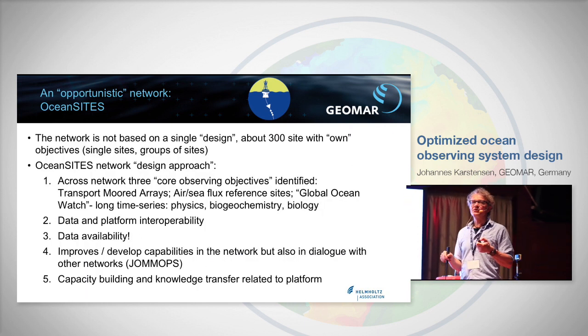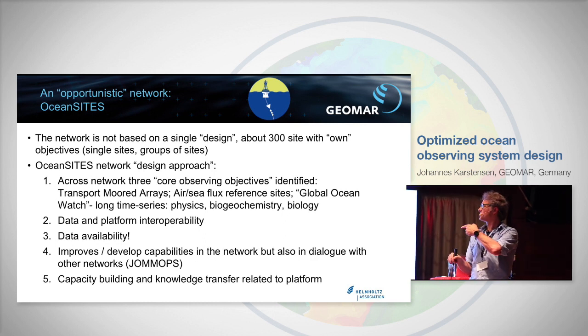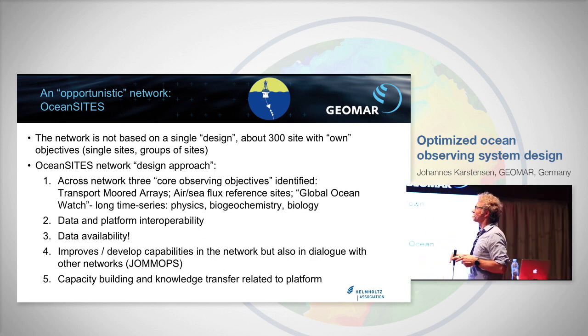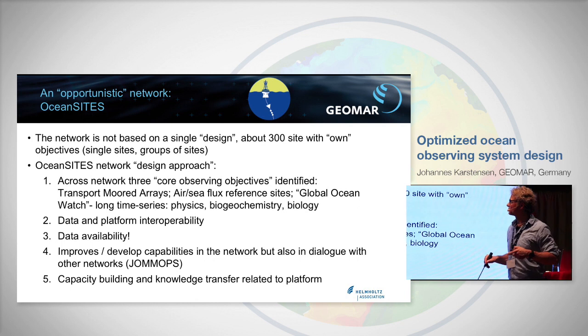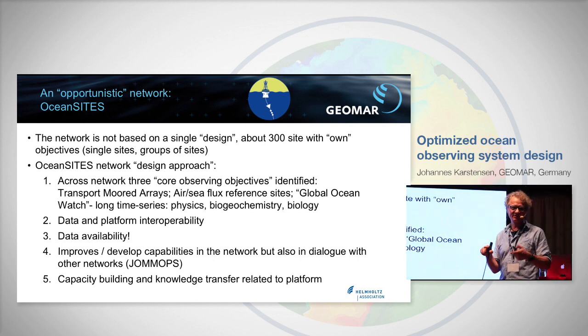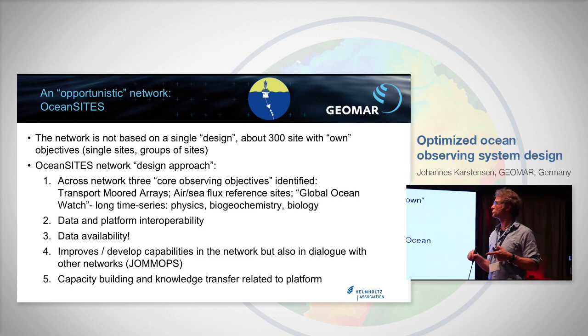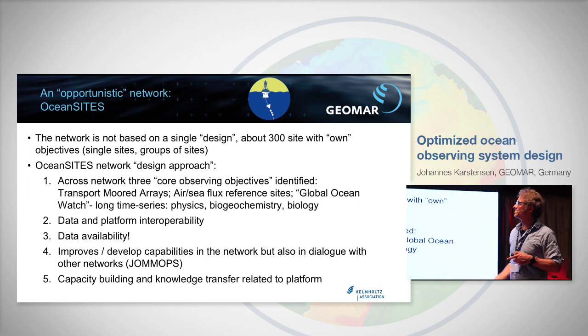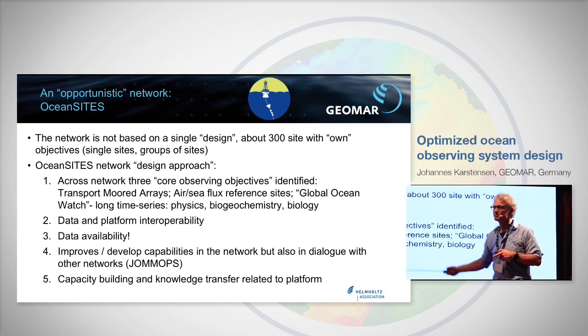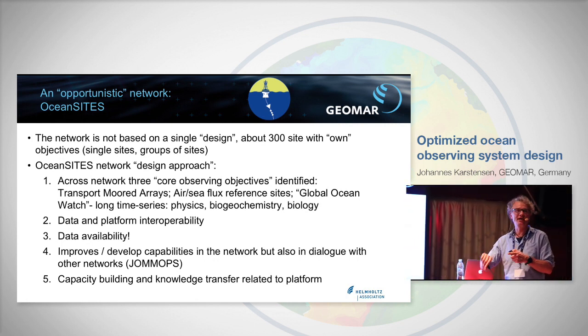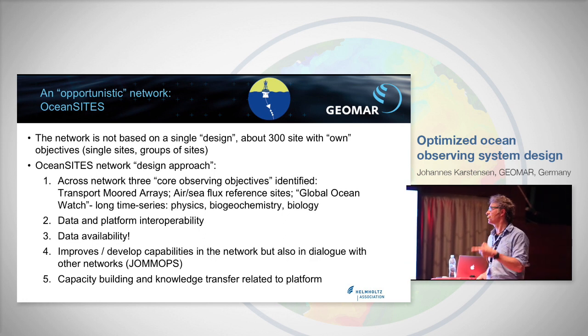As I said, it's not based on a single design like the Argo example I just showed you. There are about 300 sites and maybe 80 different objectives, maybe 200 different objectives locally. But of course, you can identify certain similarities between what all these platforms are trying to do. One could group them into boundary current or transport mooring arrays that measure the flow and the properties in a certain choke area, the outflow from the Red Sea, for example.